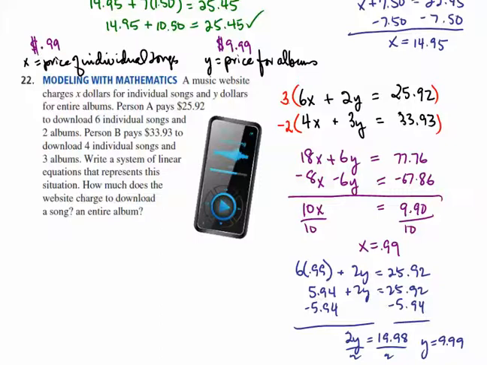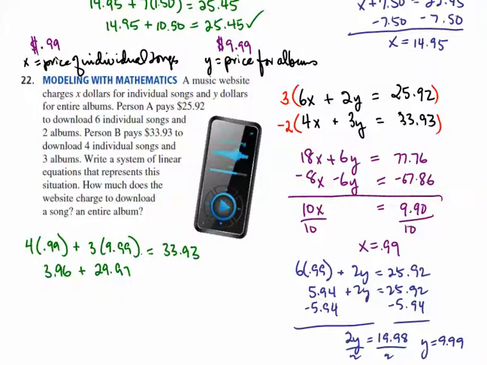$9.99. To check, we're going to plug both of those into the second equation. 4 times 99 cents plus 3 times $9.99, and make sure that that is equal to $33.93. 4 times 99 cents is $3.96. 3 times $9.99 is $29.97.